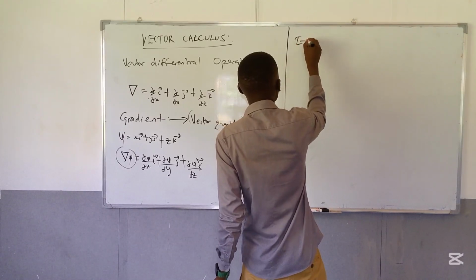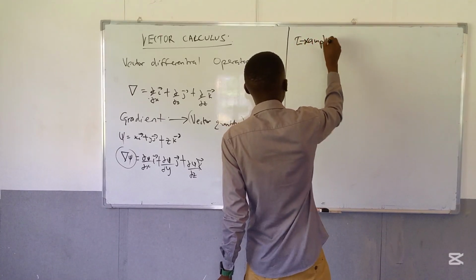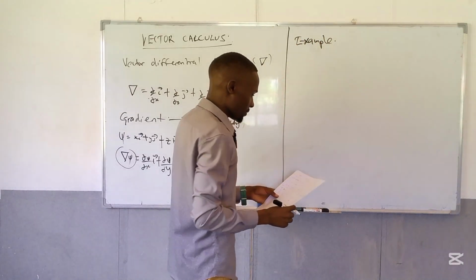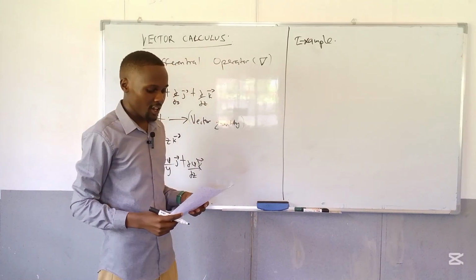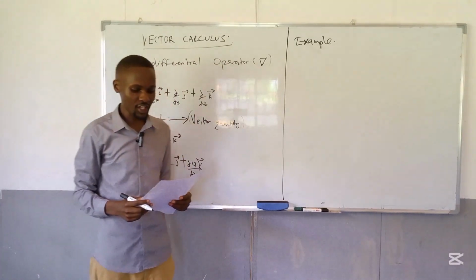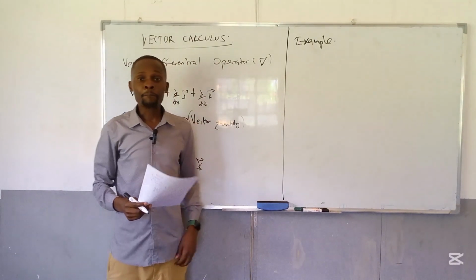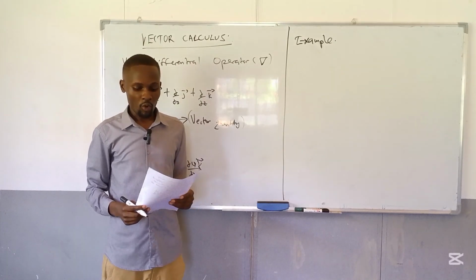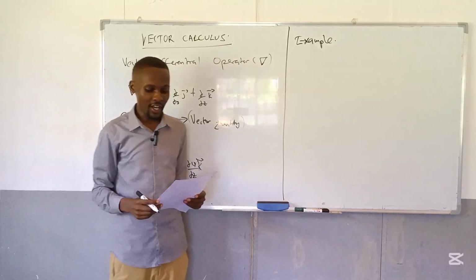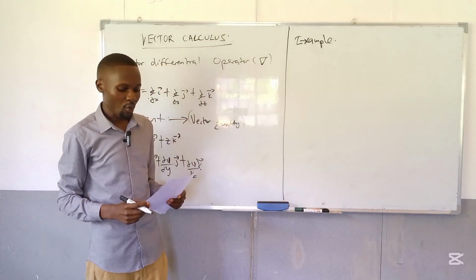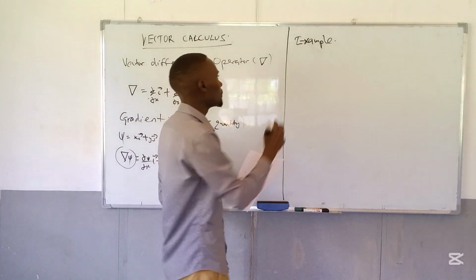Say the gradient of phi, where phi is 3x squared y minus y cubed z squared at the point 1, negative 2, 1.